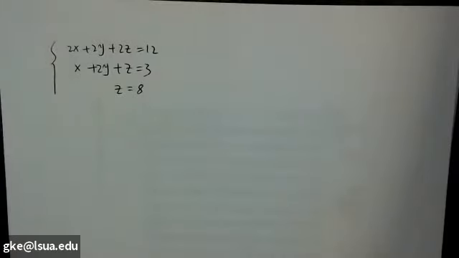Okay. Now I want you guys to use the Gaussian elimination method. Use the matrix form. So the first step, you need to write down the augmented form of this 3x3 equation system, right?